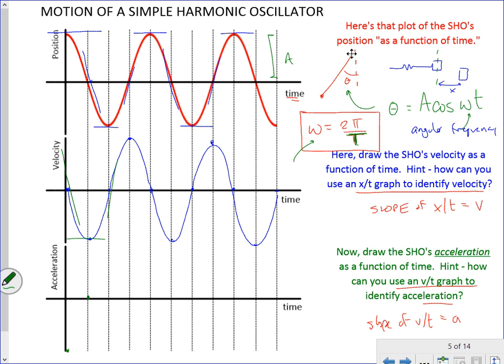Slope big and positive. Slope 0. Slope big and negative. Slope 0. And so on. All right, so we graph this, or we connect the dots, I guess I should say. And we get that.